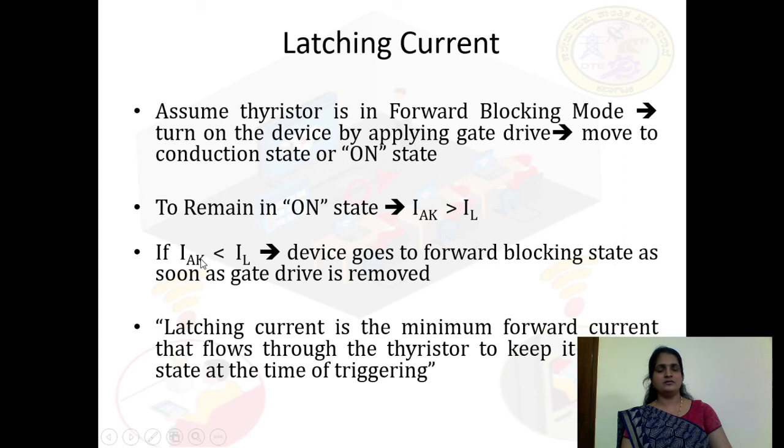If IAK is lesser than IL, then the device goes to the forward blocking state as soon as the gate is removed. Once we remove the gate drive, it will enter into the forward blocking state when the current at the anode and the cathode is lesser than IL. So this minimum forward current which is required to turn on or maintain the on state at the time of triggering is called the latching current.